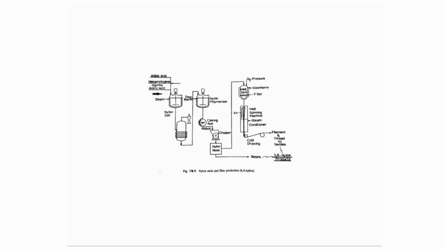As the reaction takes place, the nylon salt is formed, which is concentrated by means of a vacuum evaporator, and then the product goes to the nylon polymerizer, where polymerization takes place, and immediately the molten polymer is made to fall on a casting roll.